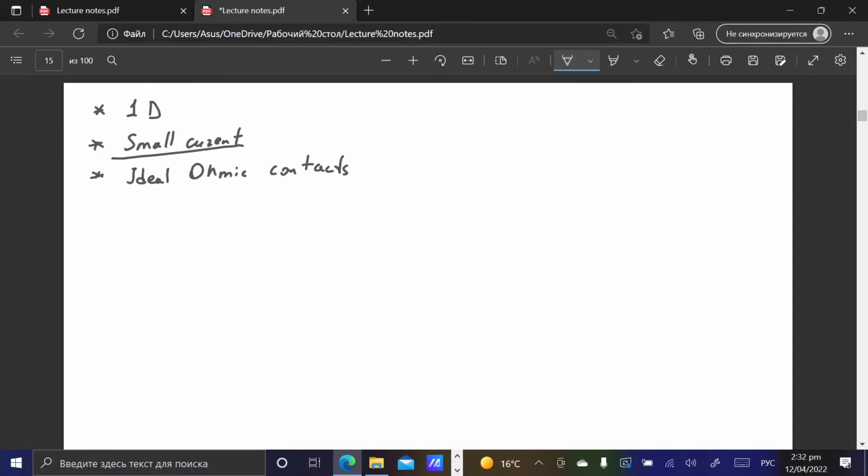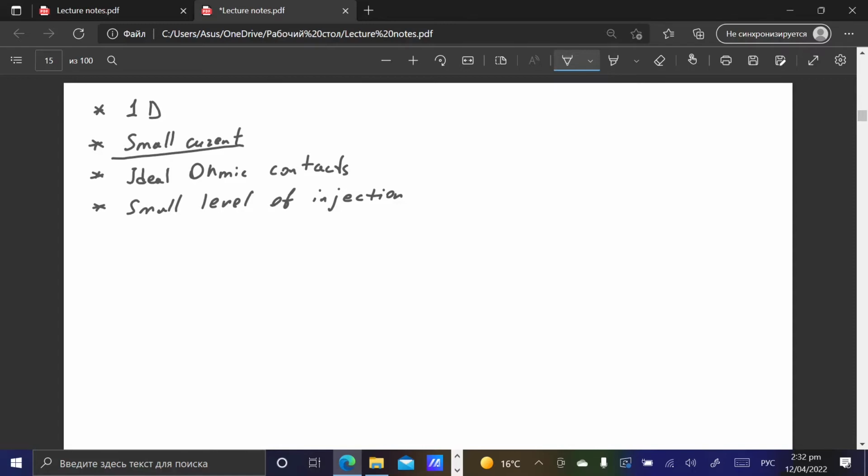But it's good to specify it separately. So, small level of injection.